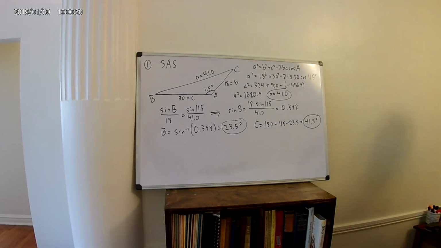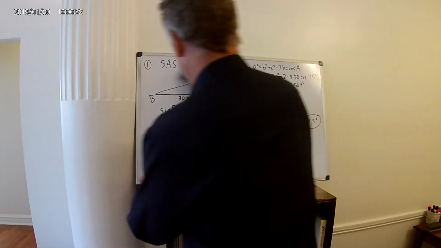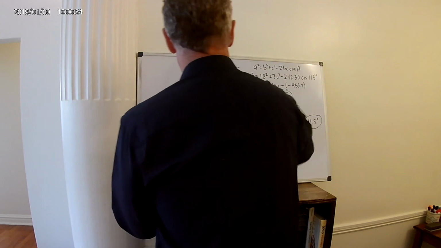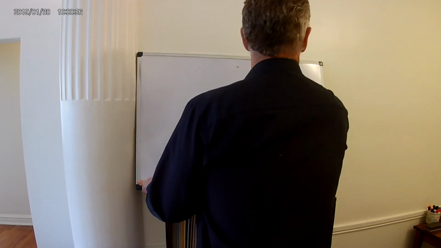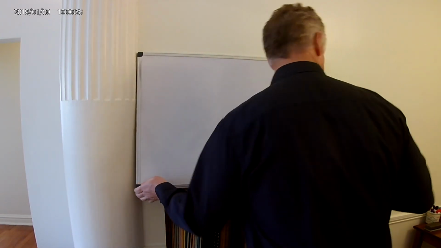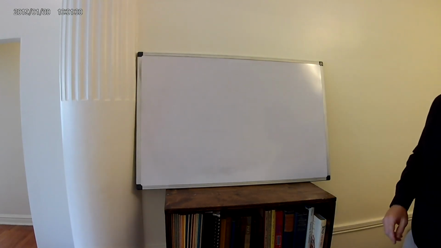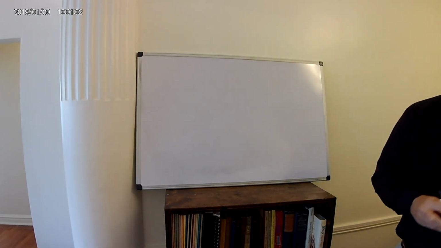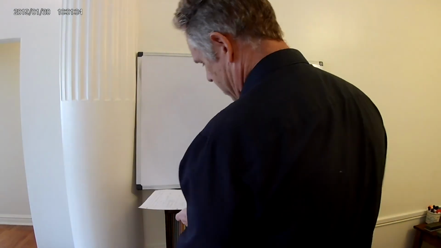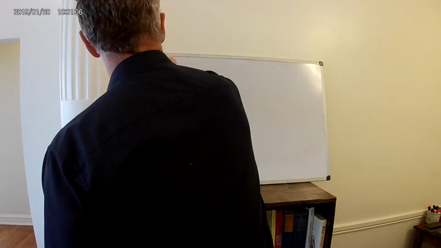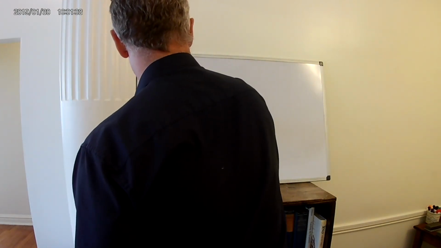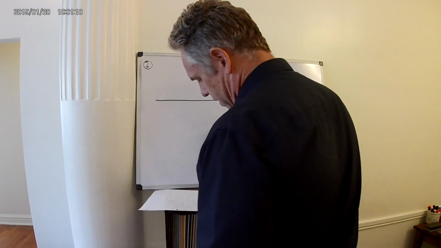So let me erase this. I'm going to draw another triangle for you guys and see if we can solve this triangle. Okay, this is example problem 2. Suppose we have a triangle that looks like this.